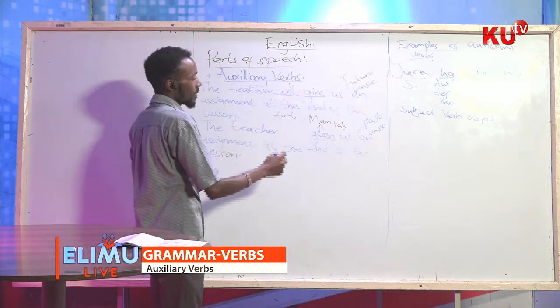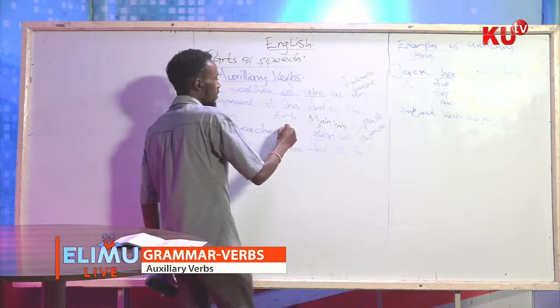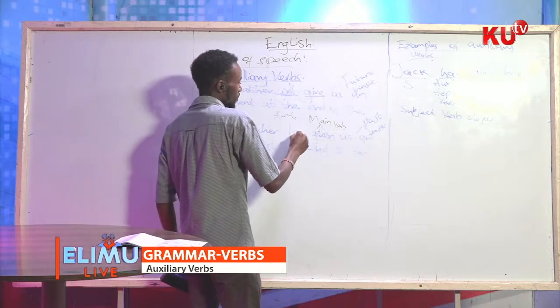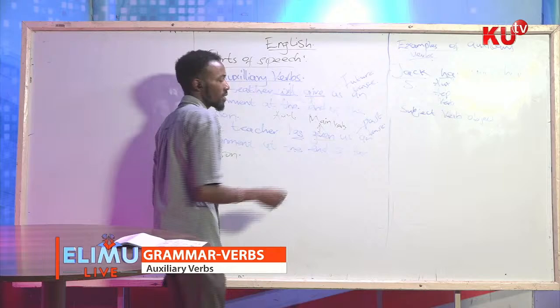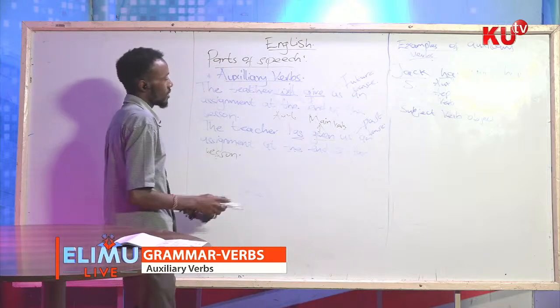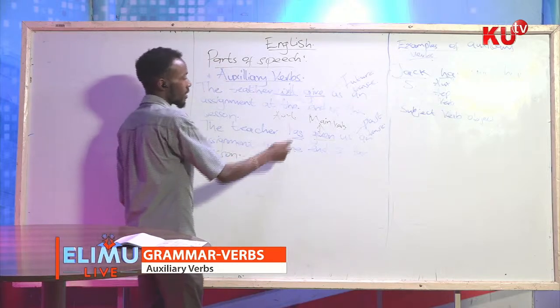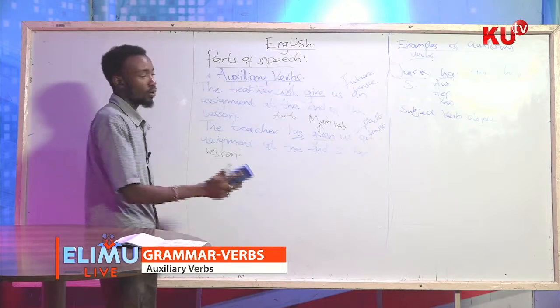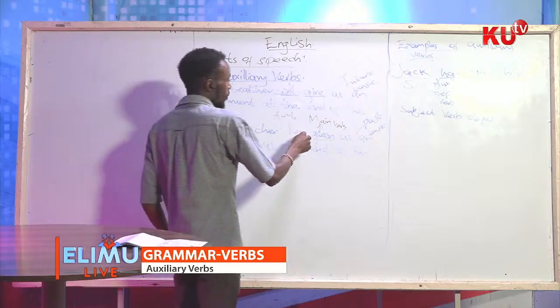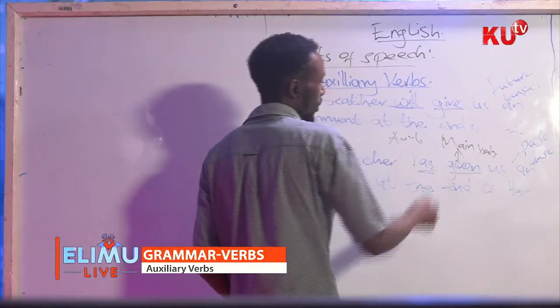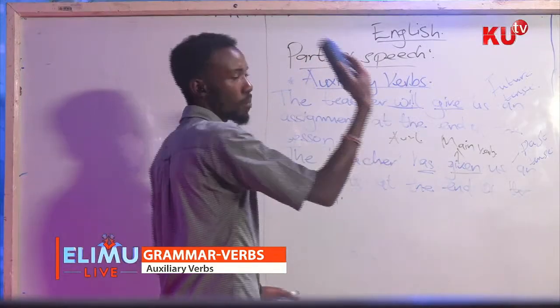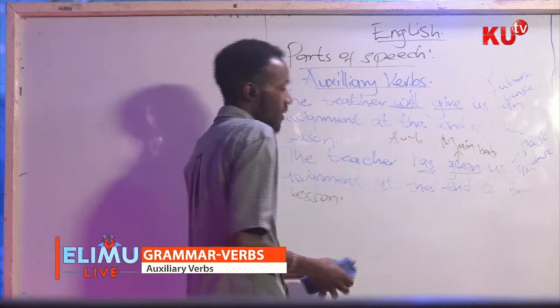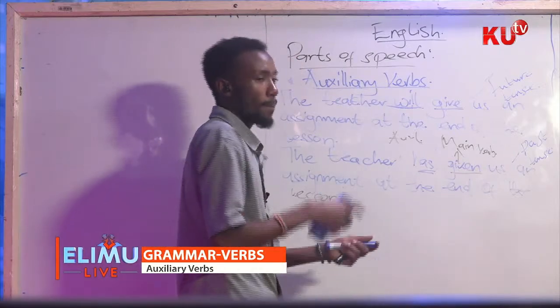The teacher has given us an assignment. So in this case, you can see that has transformed this sentence. Even if we have just rubbed off the had, when we have had, that was past. Now that we have has, it is the present tense.